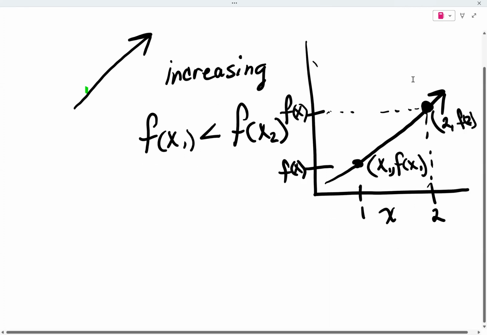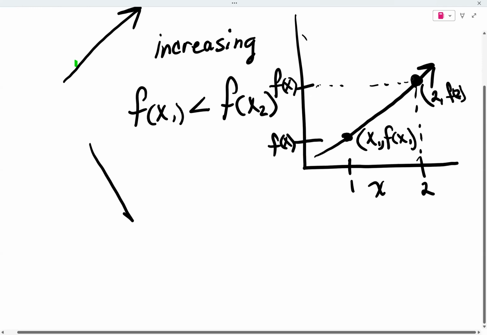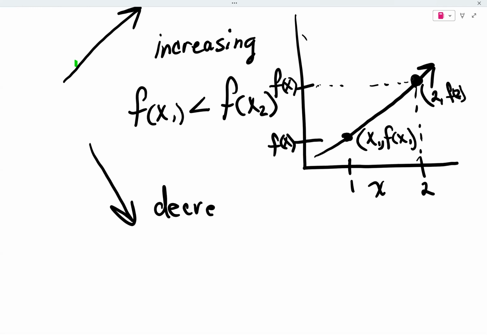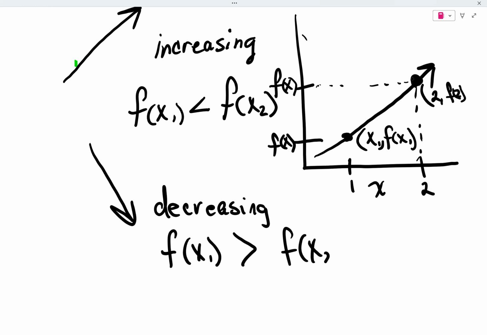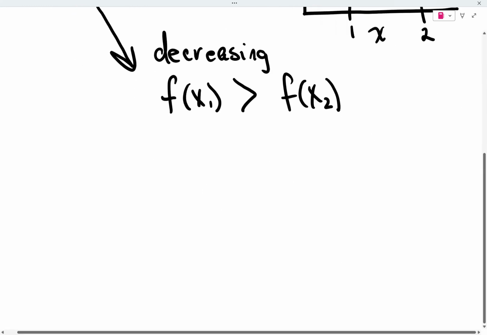If it's decreasing, it's almost identical, just the reverse of it, right? So if a function is decreasing, that means that that value for f of x1 is going to be greater than some value of f of x2. Exact opposite. And that would look like this.